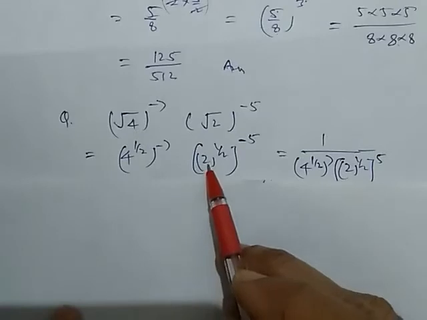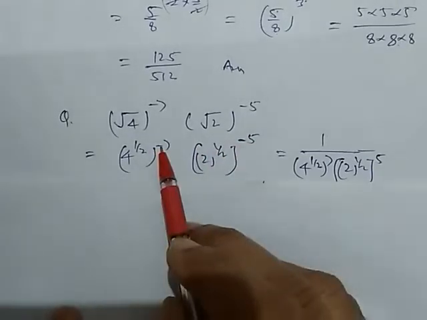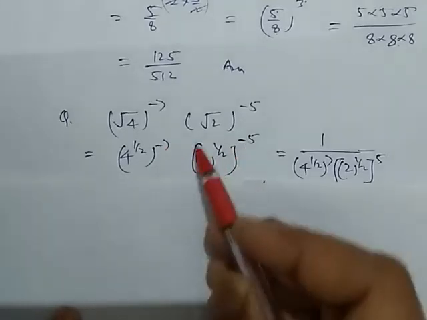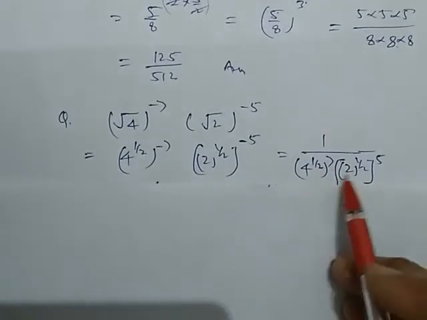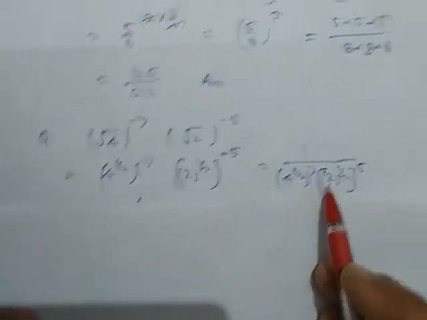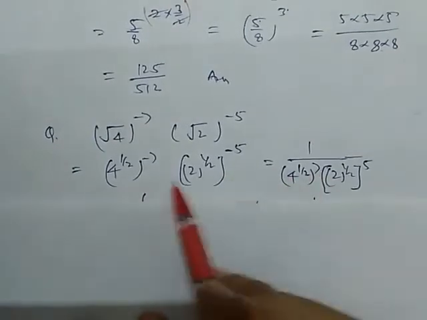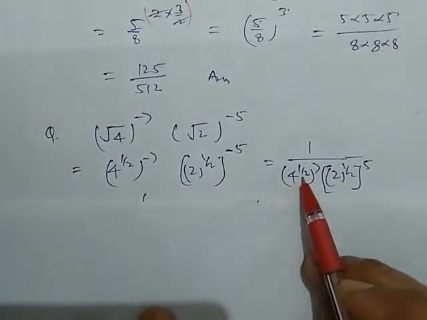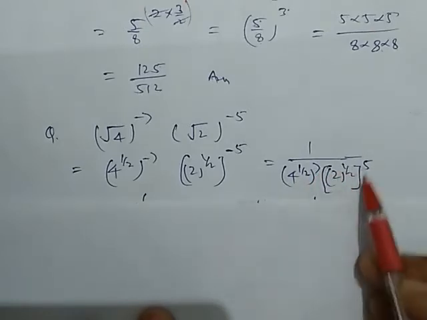Square root of 2 means 2 power half, whole power minus 5. Here both the powers are negative, so first we take them into the denominator to make them positive. Here 1 upon 4 power half, whole power 7, 2 power half, whole power 5.